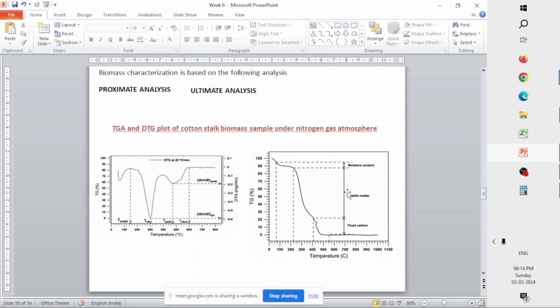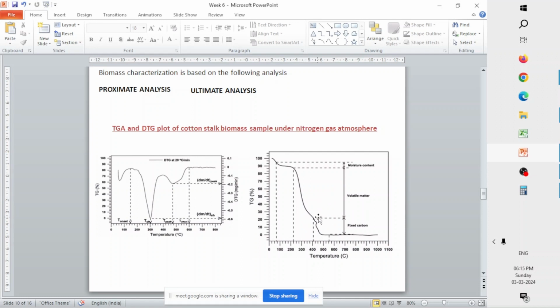So those components that can be readily removed, or get vaporized upon the application of a very low temperature, up to 400 degrees Celsius. So this weight degradation pattern is what we assign to volatile matter.